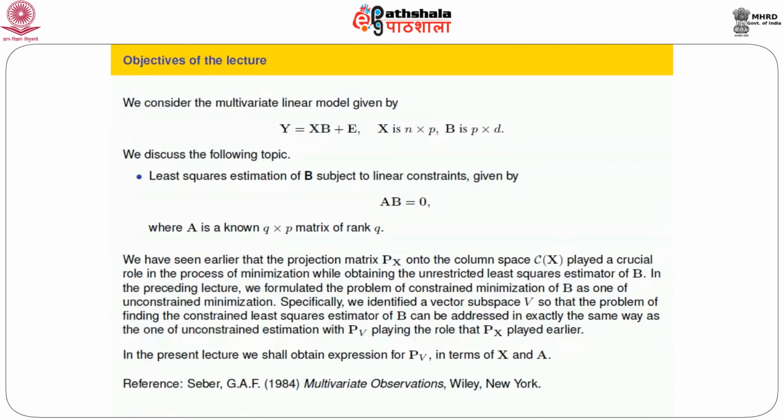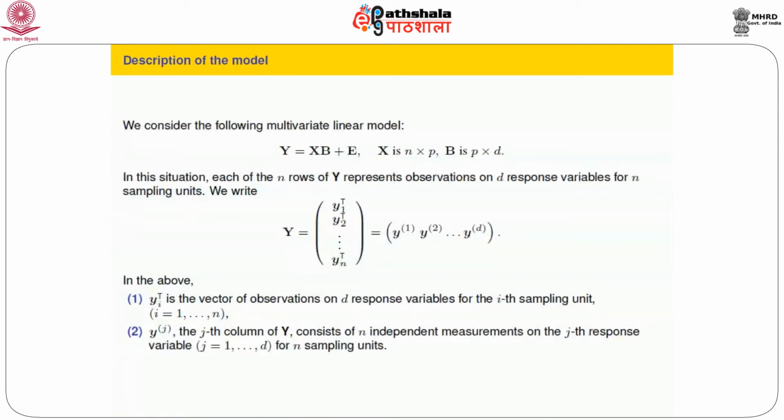So this is the salient feature of the multivariate linear model, namely that in the univariate linear model we have observations on only one response variable. Here we have d response variables, and X is the design matrix of size n cross p, b is p cross d, etc. And if we write B as the columns b superscript 1 up to b superscript d, E is equal to epsilon 1 transpose up to epsilon n transpose, etc. So we see this relationship that we have already discussed in our third lecture and also even before that.